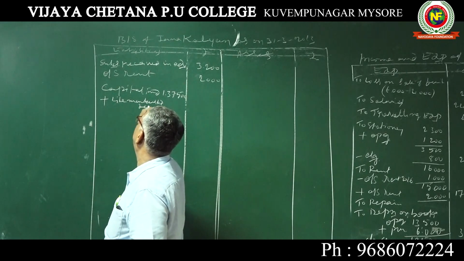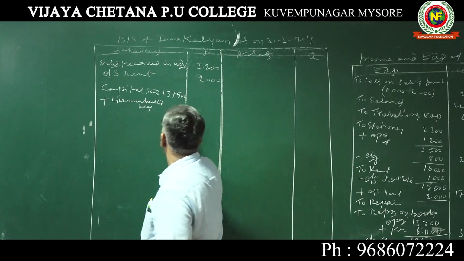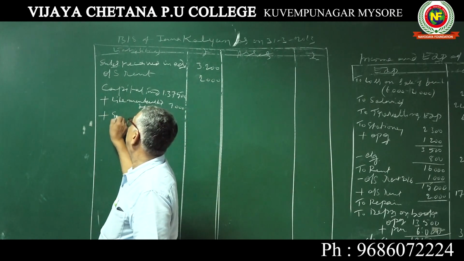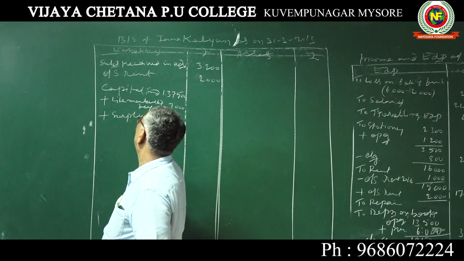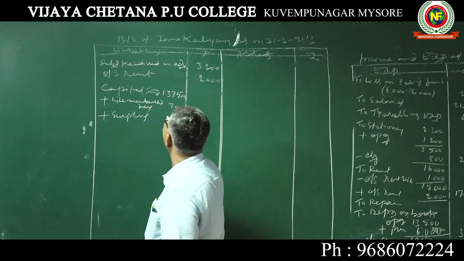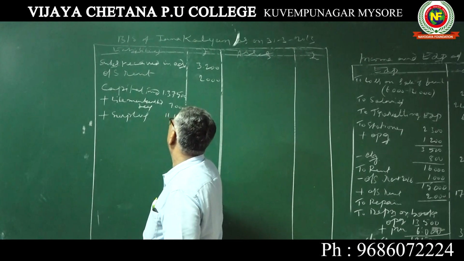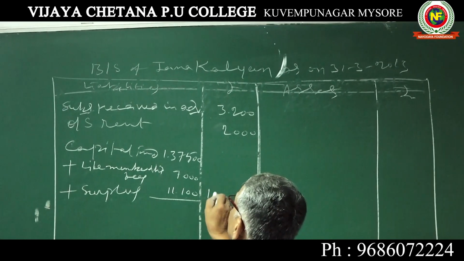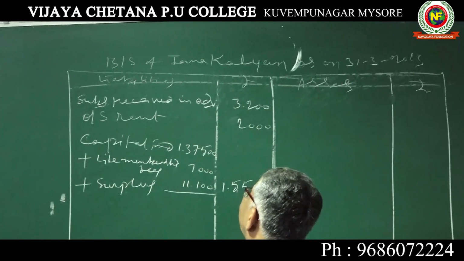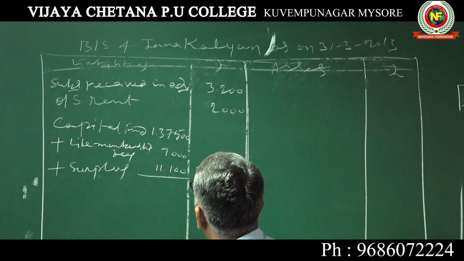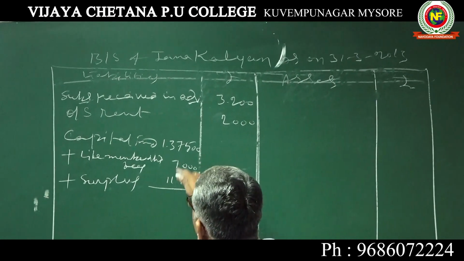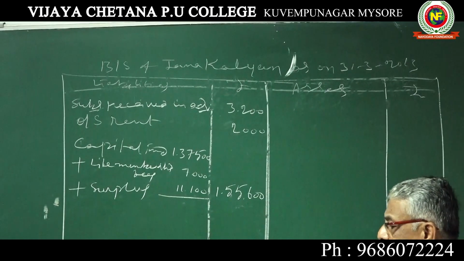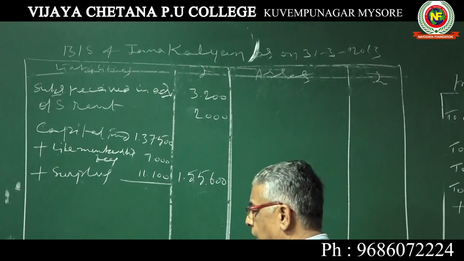What we have received as life membership fees is 7,000, and to this add the surplus we have ascertained, 11,100. So that total comes to 1,55,600.